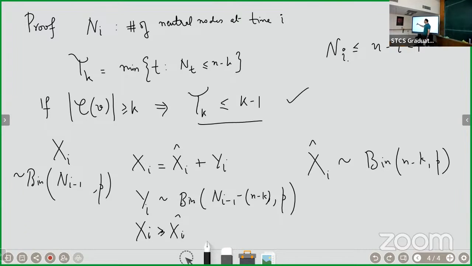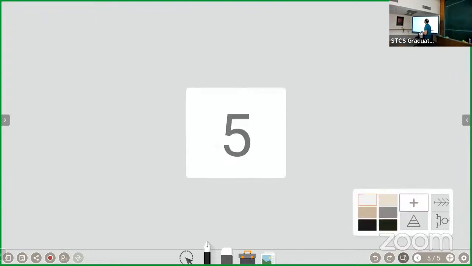This implies this. So the probability of this event has some bearing on the probability of this event. That's right. So this is my understanding.